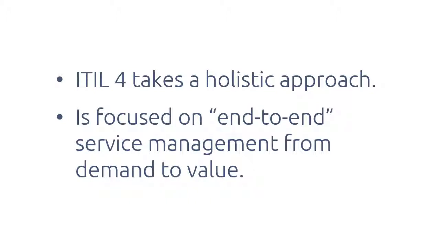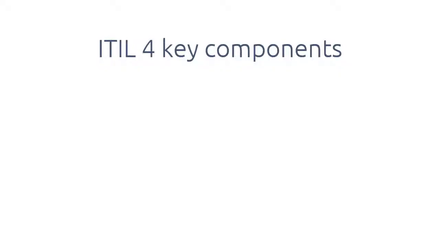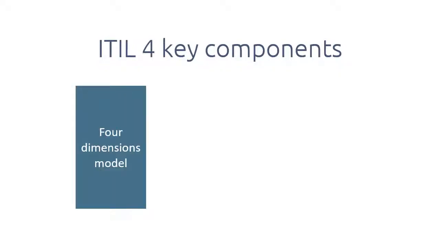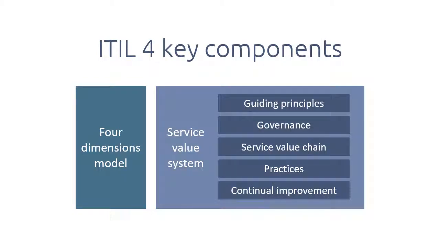As its authors say, ITIL4 takes a holistic approach and focuses on end-to-end service management from demand to value. The key components of the new ITIL4 are the 4 dimensions model and the ITIL service value system. The service value system includes several elements: guiding principles, governance, service value chain, practices, and continual improvement.